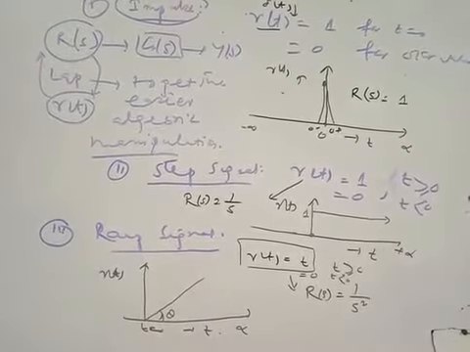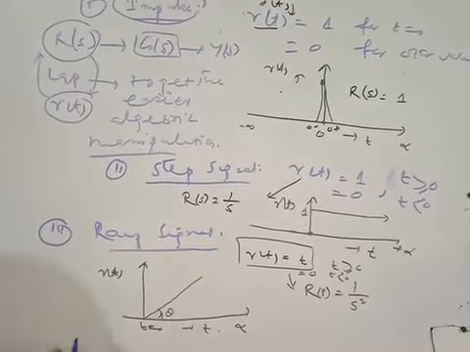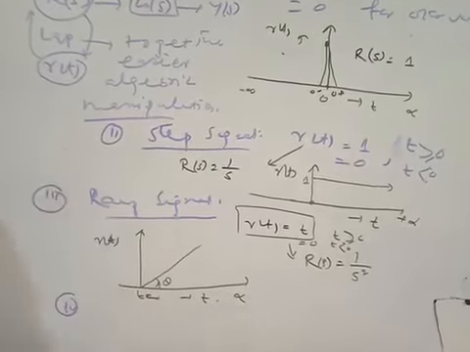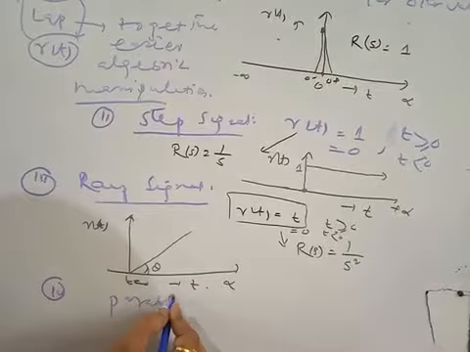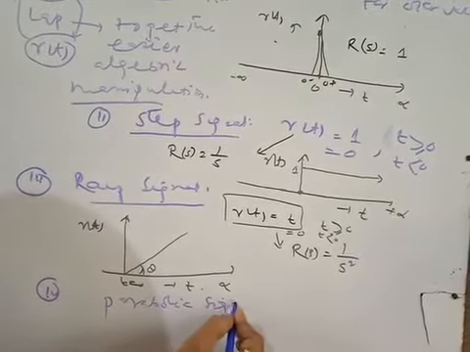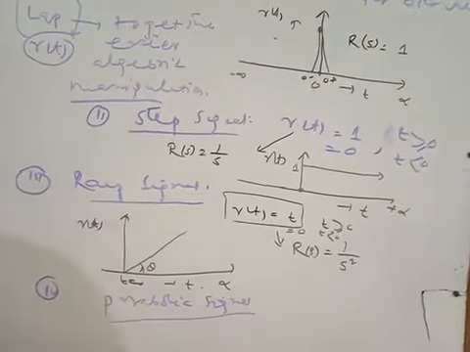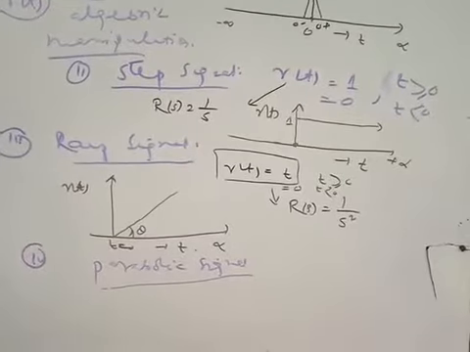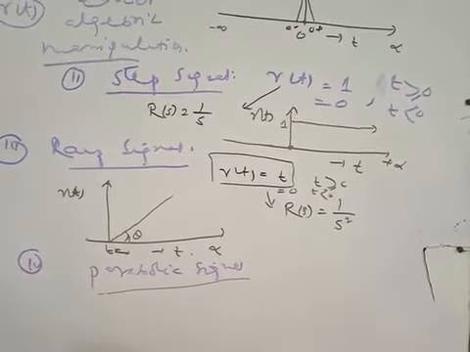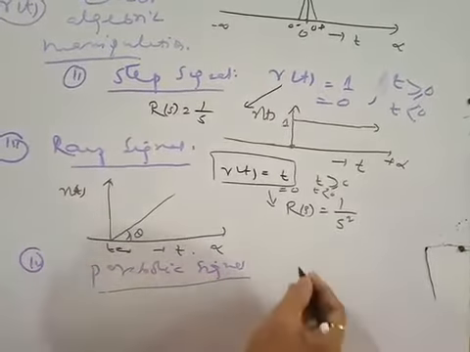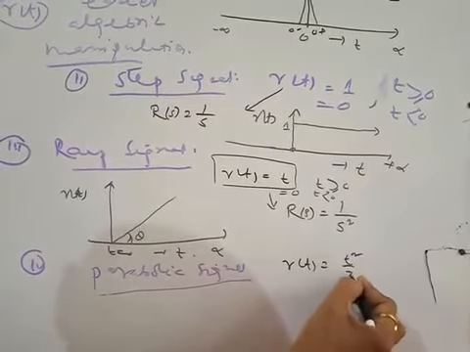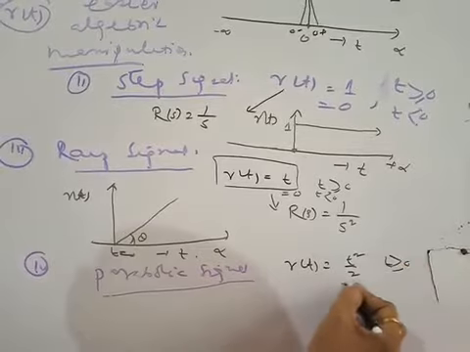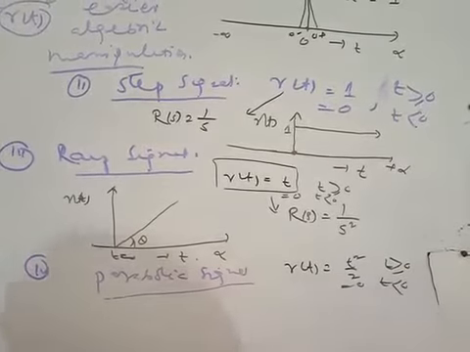And the final form is your parabolic signal, which is also used as an input signal. So parabolic signal: r(t) is equal to t square by 2 for t greater than or equal to 0, and equal to 0 for t less than 0.